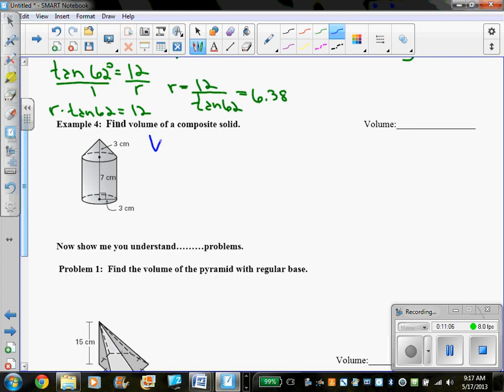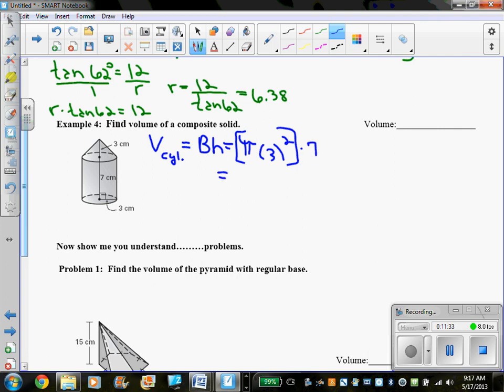Let's start with the volume of the cylinder. And I'll just do this to make sure we keep it organized. We have the area of the base times the height, not divided by 3 because we're talking about a cylinder here. The area of the base is pi times the radius, which is 3 squared. So there's my base right there, times the height of that cylinder, which is 7.